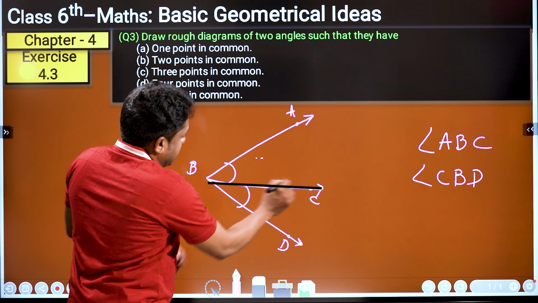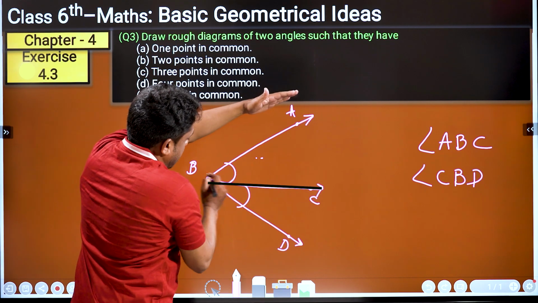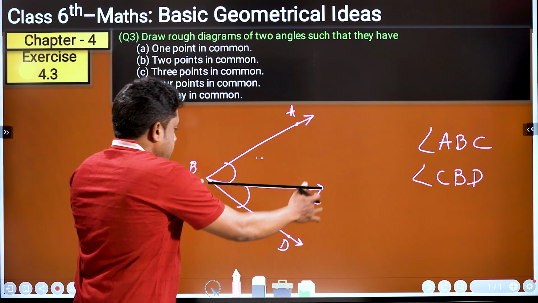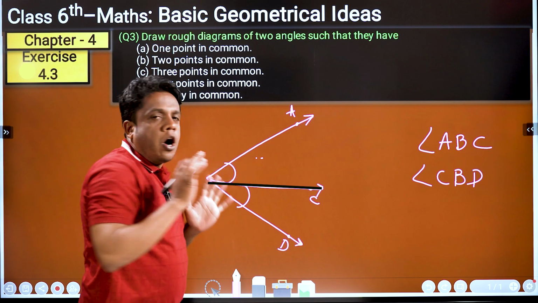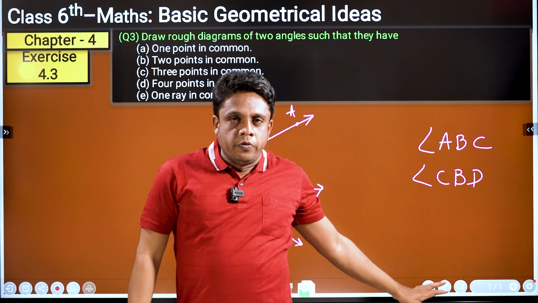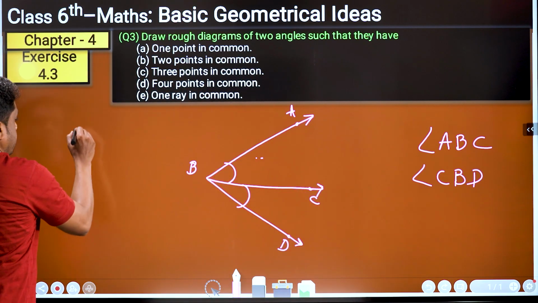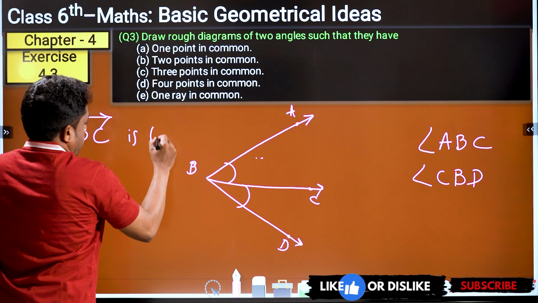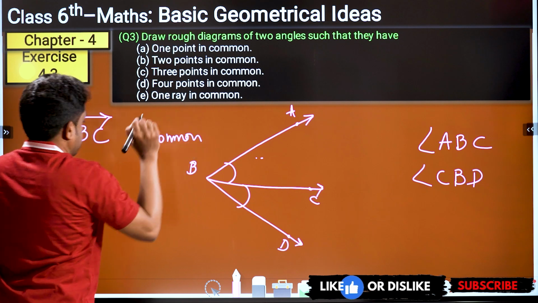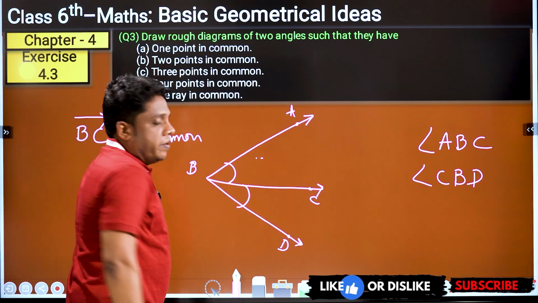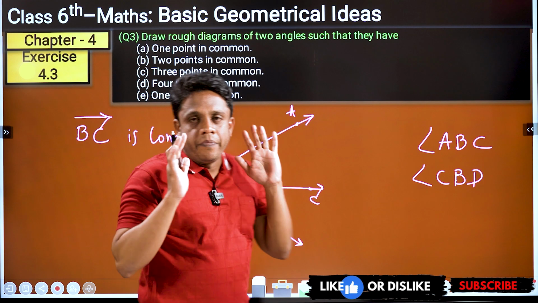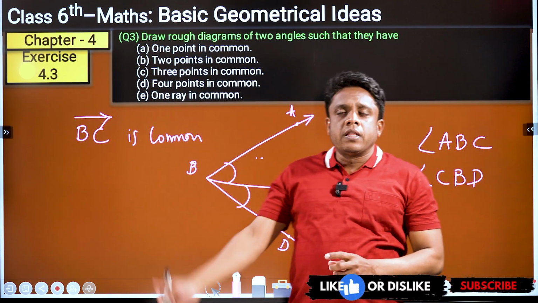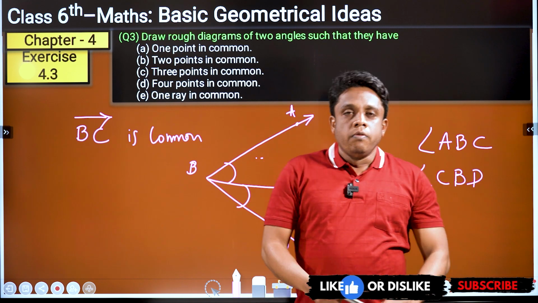For this angle also, we have BC, and for this angle also, you have BC. That means the ray BC is common for both of these angles. Can I write like this? BC is a ray which is common for both of these angles. Clear? So this is your question number 3 from exercise 4.3.